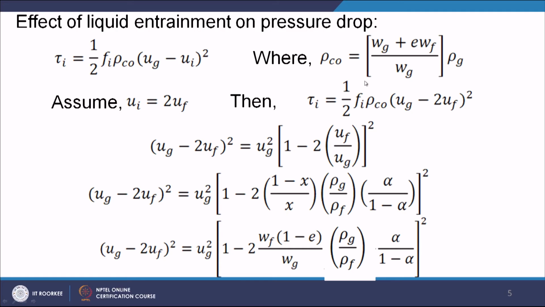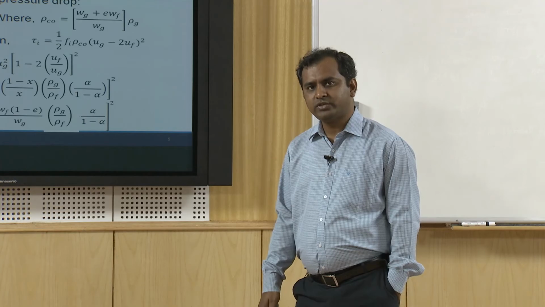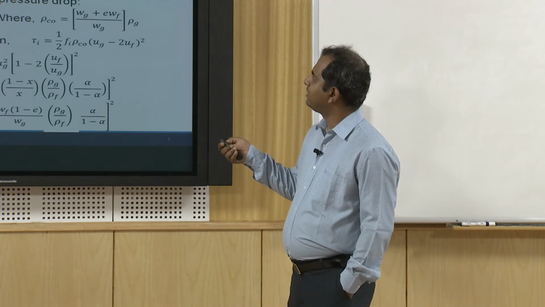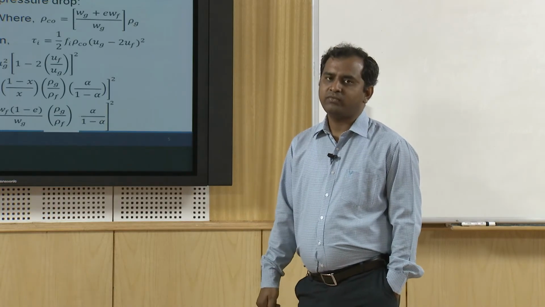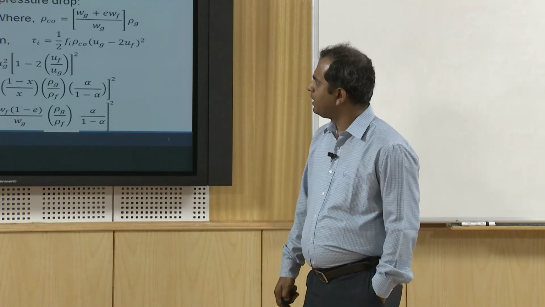Now, it is a very good factor to add. Why? Because if E is equal to 0, then rho CO becomes rho g. That means, if there is no entrainment, it becomes rho g. Okay.